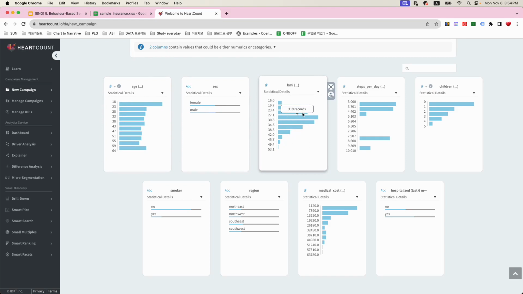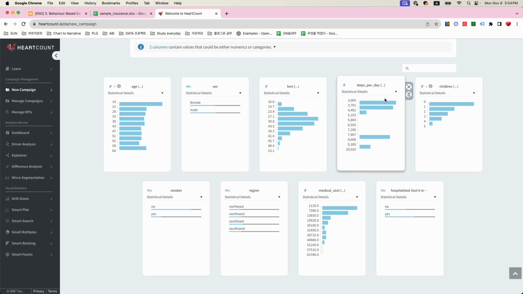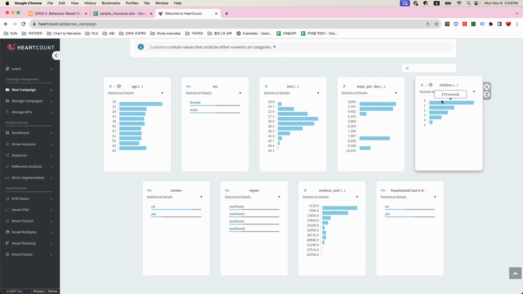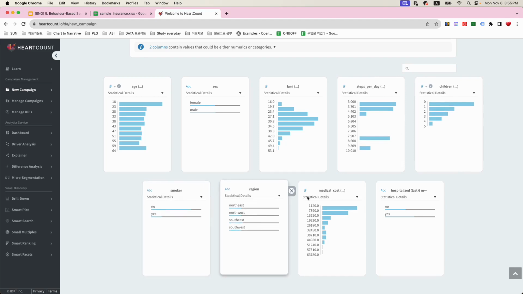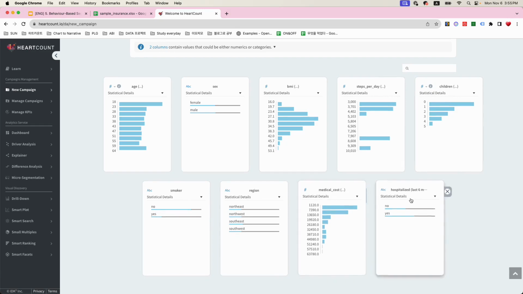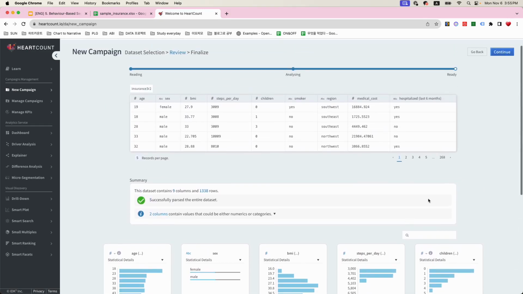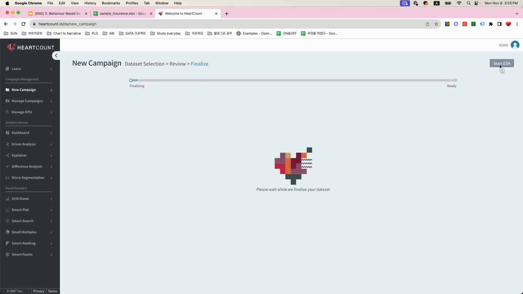And BMI is normally distributed. The activity level or the steps per day actually has an odd distribution. Then the number of children, smoking status, neighborhood, medical costs, and so on. So let's click continue and start EDA.